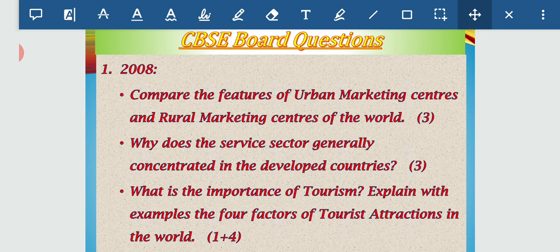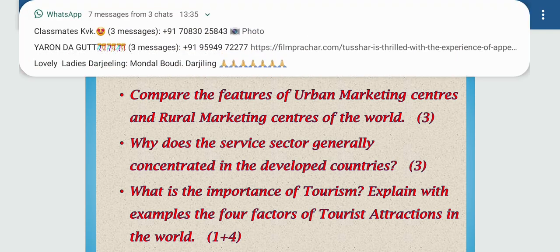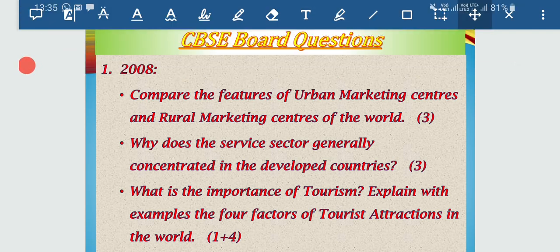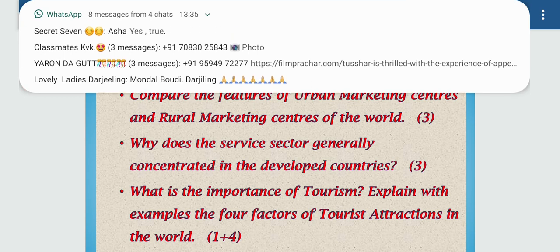Importance of tourism means, first of all, that it is the most labor intensive activity of its kind, and that is why it provides lots of employment generation. Then it helps to develop the production of local products, so it enriches the livelihood of the tourist areas.